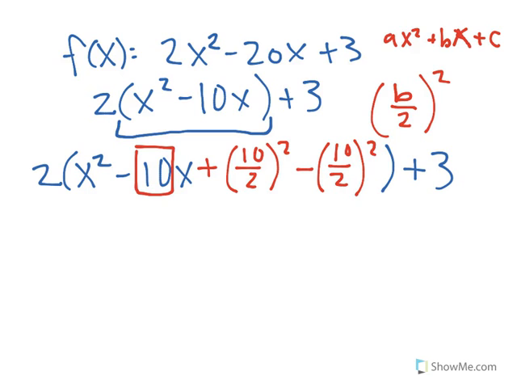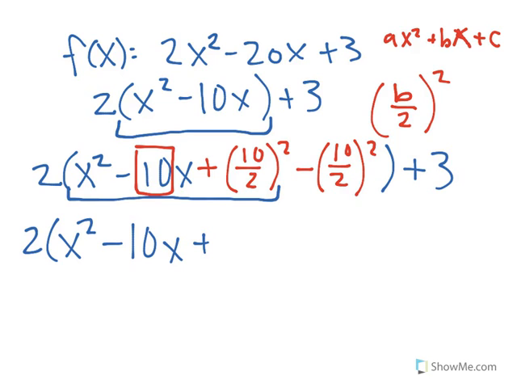So now the terms that we're really concerned about to make it look like vertex form are right in here. So we're going to just have that in the parentheses. We're going to have 2 times x squared minus 10x plus (10 over 2), which I'm just going to write as 5 squared.